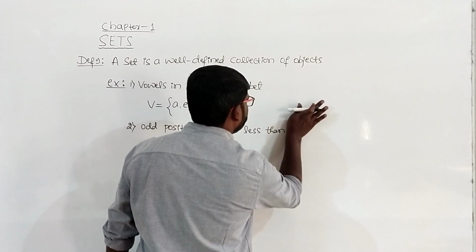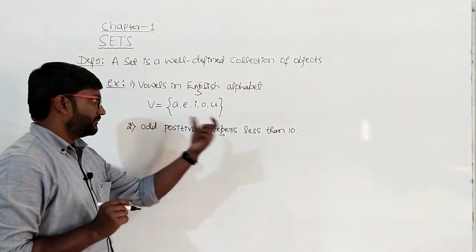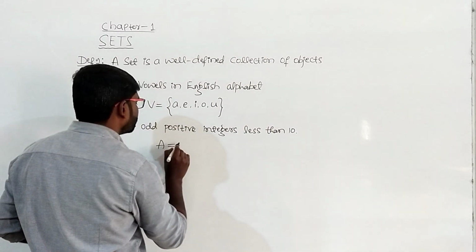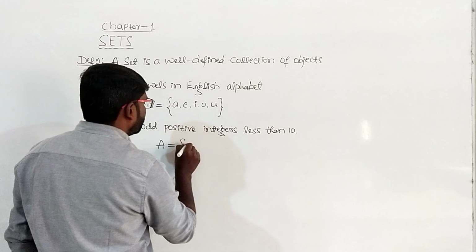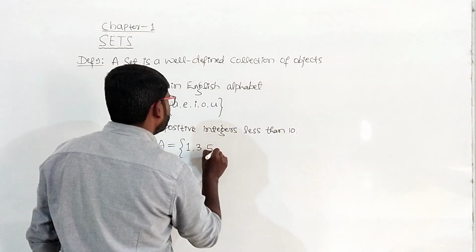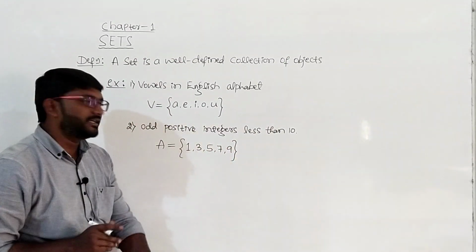I'll take this as capital A. The elements are 1, 3, 5, 7, 9.